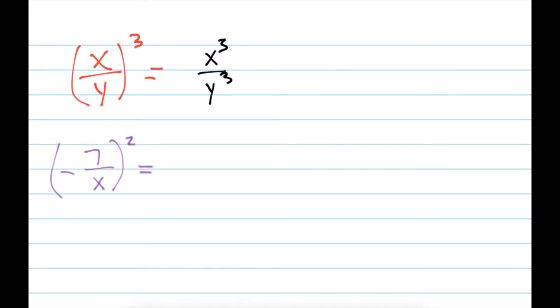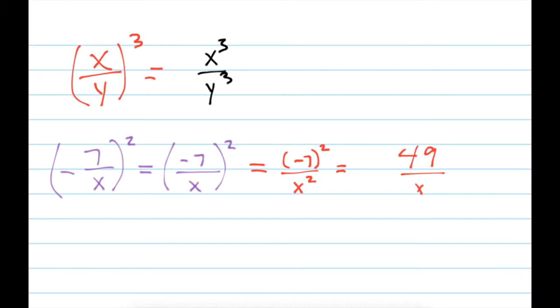Just don't do both, because then they'd cancel out and become a positive. So it might be easier to look at it like this. Now when I square the top, what's negative 7 times negative 7? It's negative 7 squared, which I know is 49. Positive, because I'm squaring that negative, and a negative times a negative becomes positive.